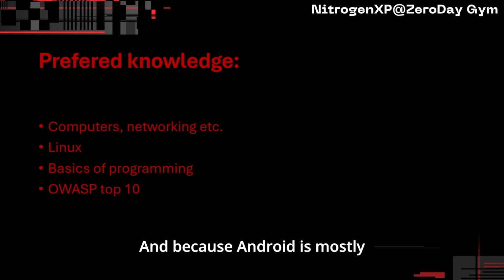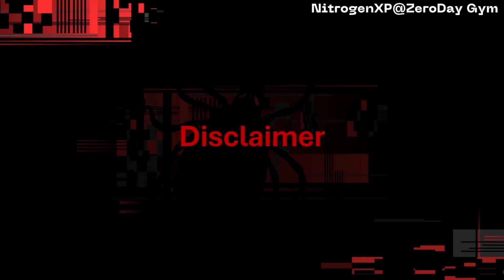And because Android is based on Unix, it's basically like Linux. So most of the commands on Android are going to be the same as on Linux. So you should definitely familiarize yourself with Linux.